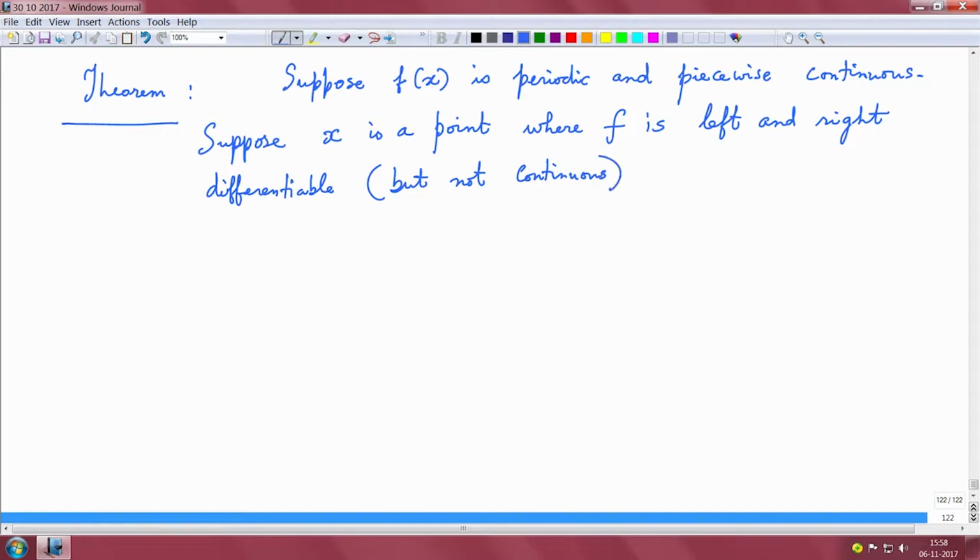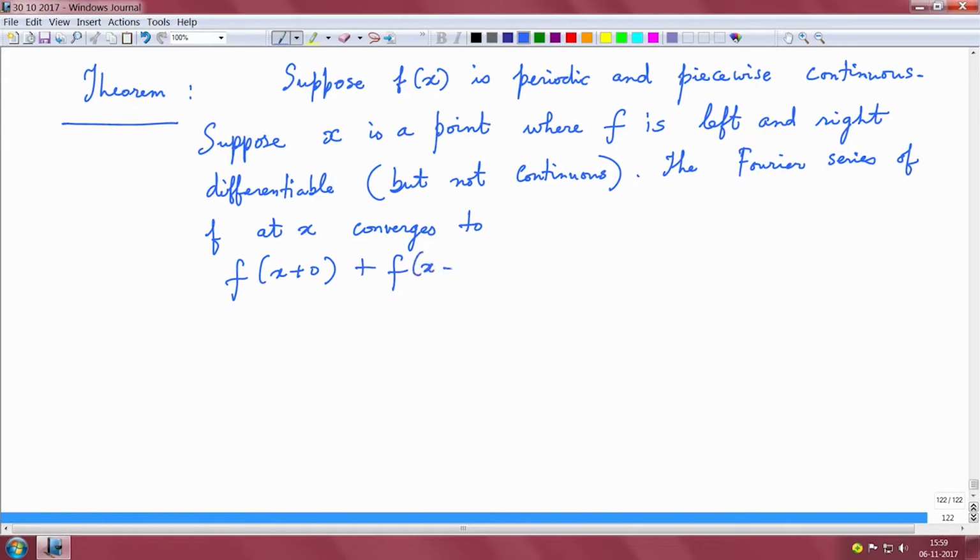So, look at this subtle point. There is a left derivative, there is a right derivative, but it is not continuous. Then the Fourier series of f at x converges to f of x plus 0 plus f of x minus 0 upon 2.